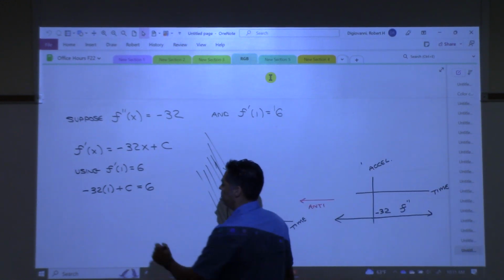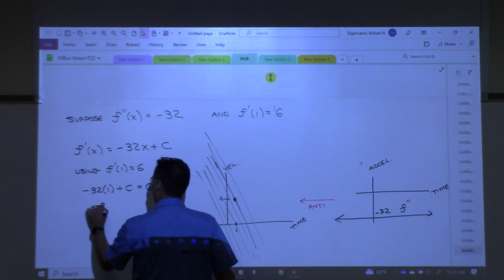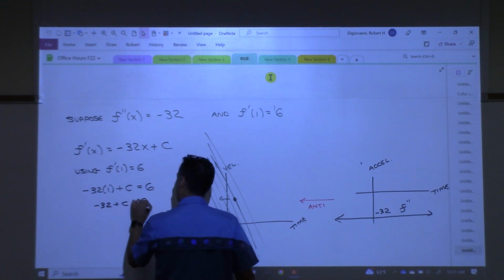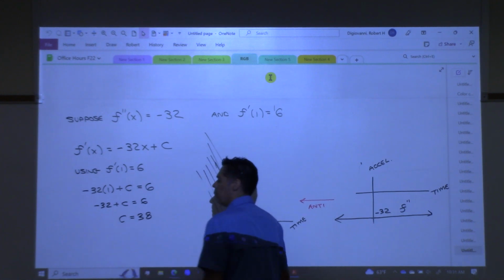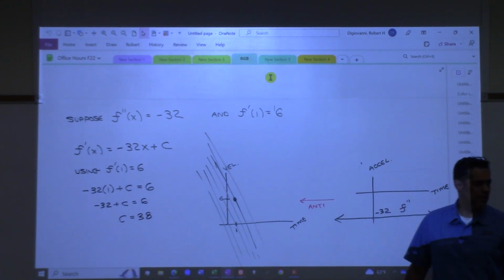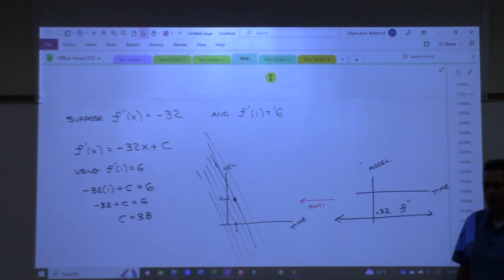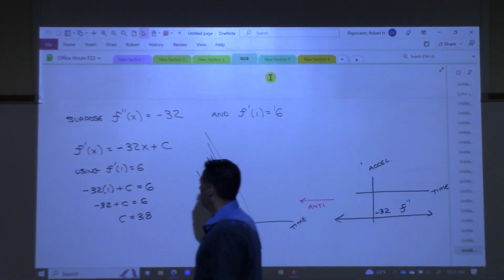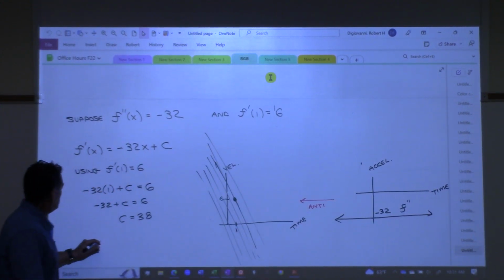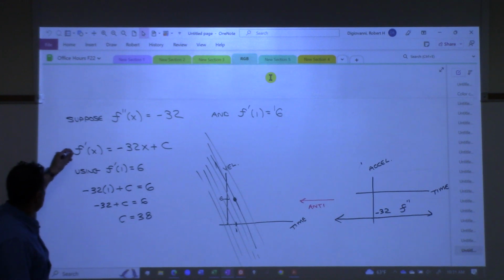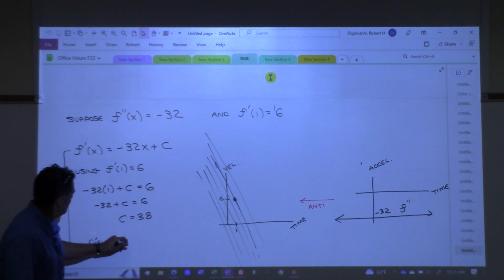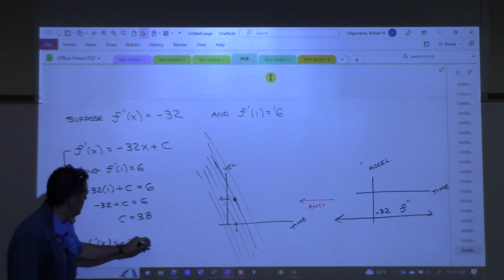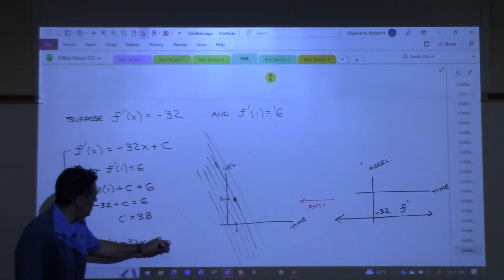So what's c? C is 38. Add 32 to both sides. The constant must be 38. So that tells me that this is actually f prime of x equals negative 32x plus 38.